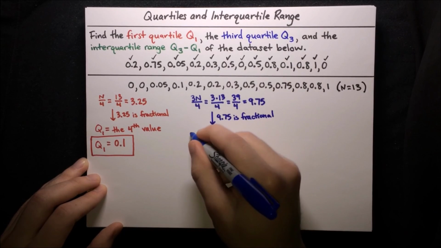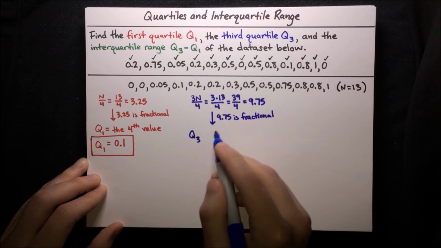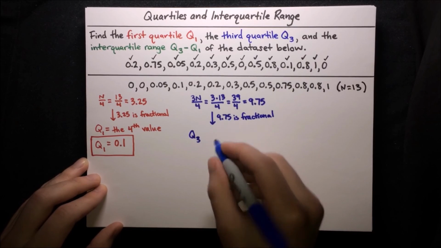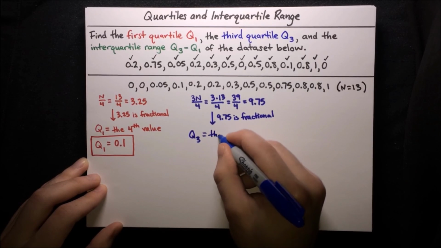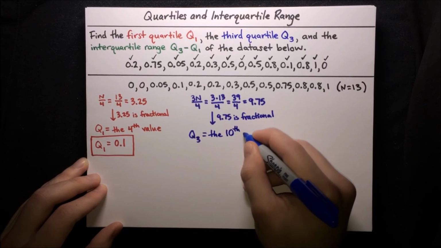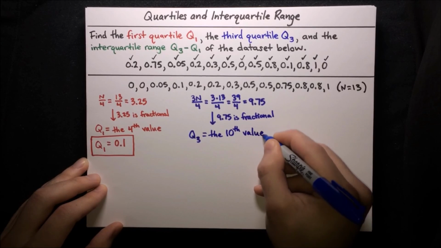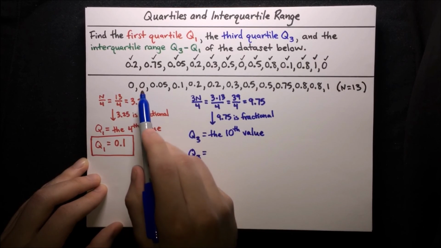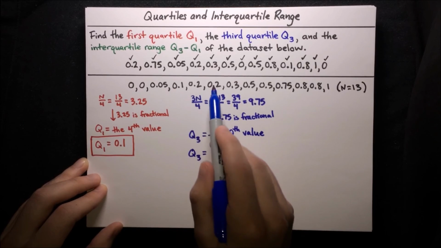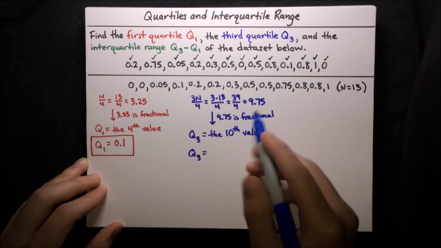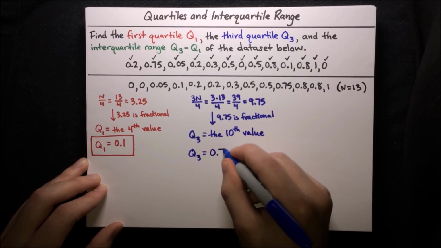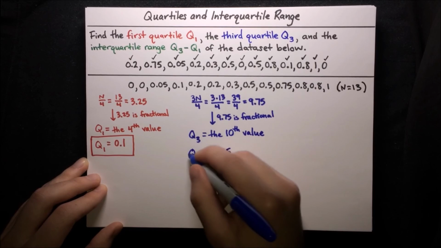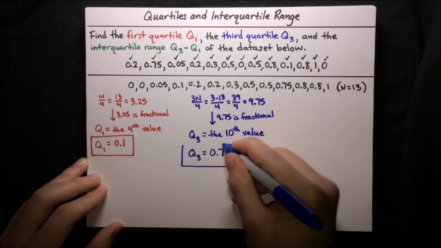It's not a whole number, so to get Q3 we need to round up to the next whole number. So Q3 is the 10th value. Let's find that 10th value. 1, 2, 3, 4, 5, 6, 7, 8, 9, 10. Q3 is 0.75. So there we go. There is the third quartile.